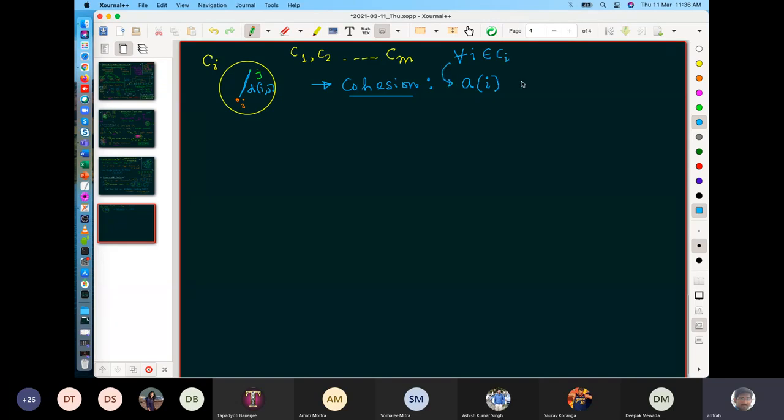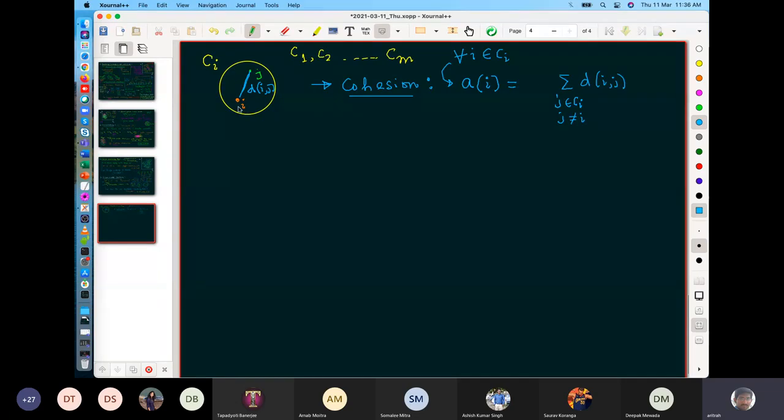I write the cohesion metric as the summation of Dij for all j belonging to Ci, where j is not equal to i.